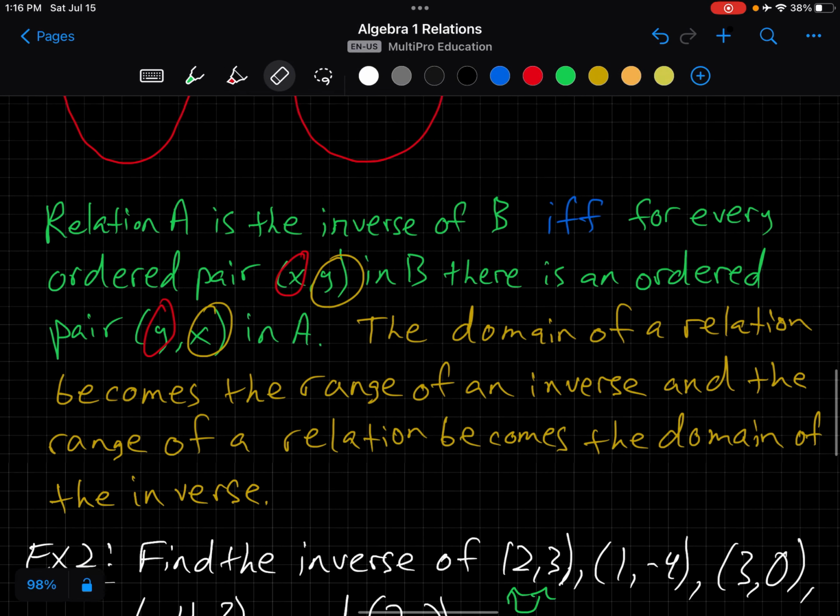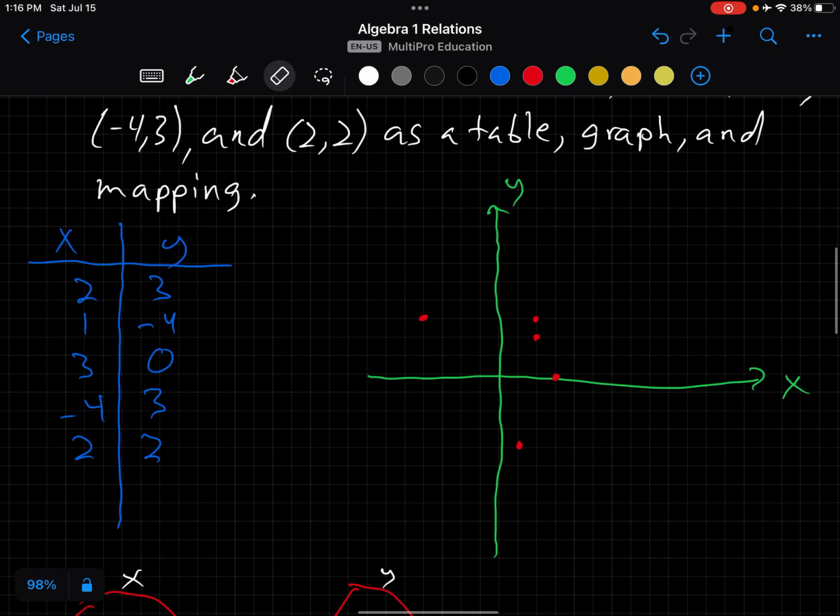Actually, I want to draw this on the previous graph, just so that way we can see how this changes it. So we graphed this earlier, and these red dots were not the inverse. This was the original coordinates. Now we want to look and see what would be the inverse. Okay?